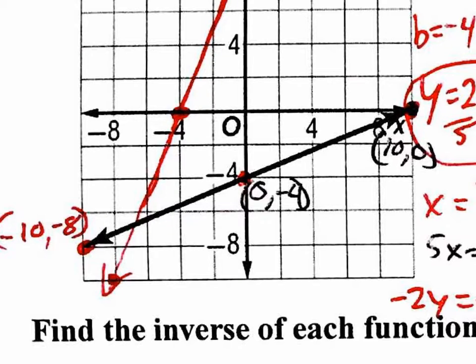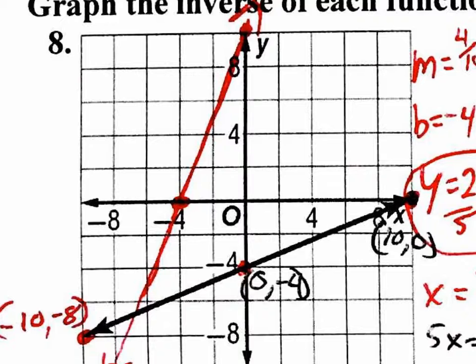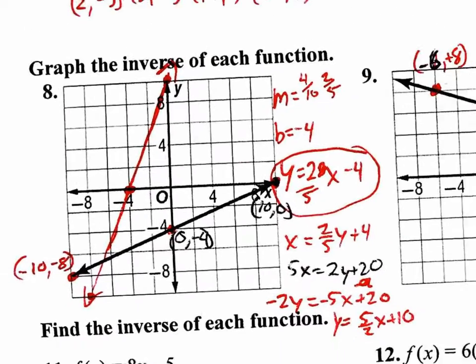So if you simply look at the coordinates of your original line, like 10, -8, 0, -4, and 10, 0, and then just switch your X's and Y's, you'll have your new coordinates for your new graph. So instead of 0, -4, you're going to go to -4, 0. Instead of 10, 0, you're going to go 0, 10, and obviously you end up here at 0, 10. So you end up with your new red line from your original black line.